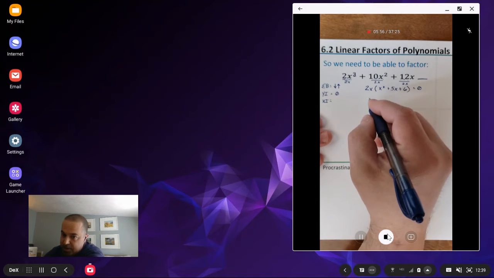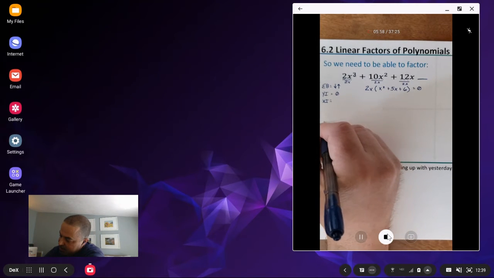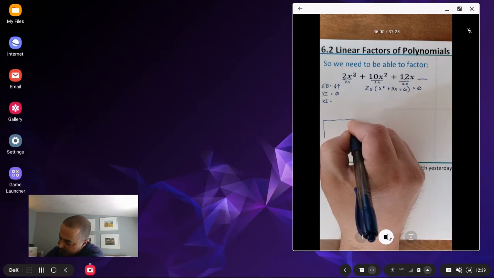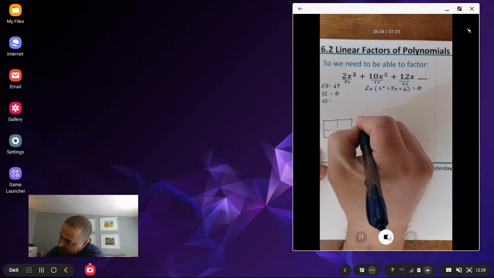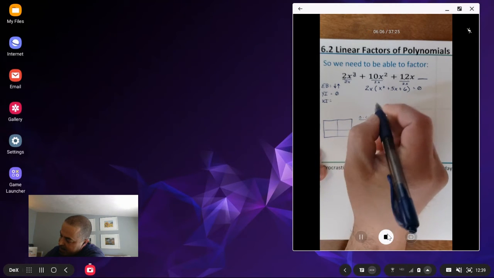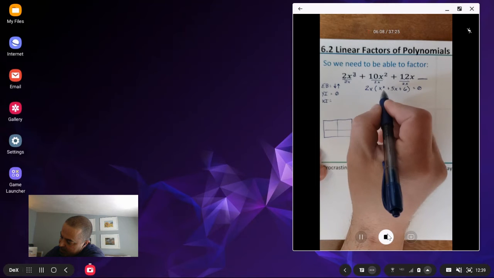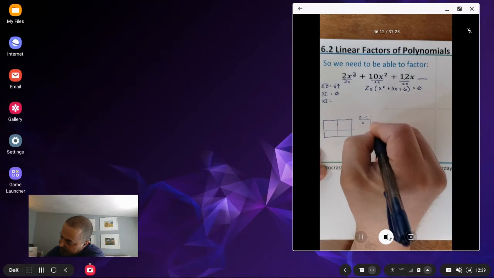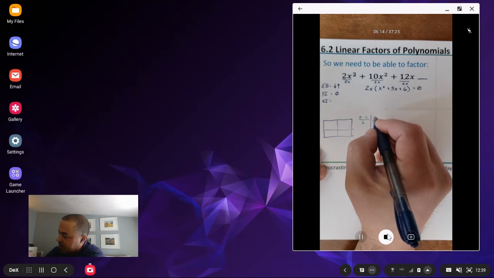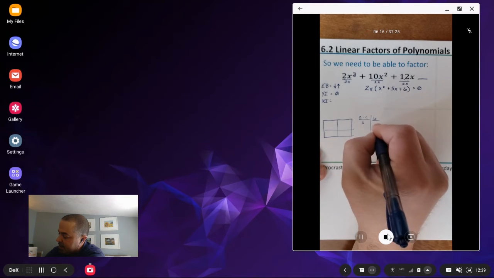So this is our box method, right? Down over here, we're going to have our box. And we have a times c, and a times c is going to be 1 times 6, so that's 6. And we're going to have to find factors of 6 that add up to b, which is 5.